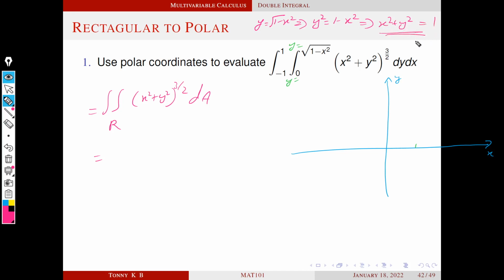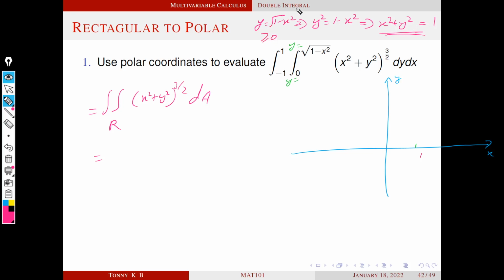We know that this is a circle with center origin and radius 1. But we have one more condition: y is equal to the positive square root of 1 minus x square. That means this curve is a part of the circle, but with a restriction: y is always non-negative.